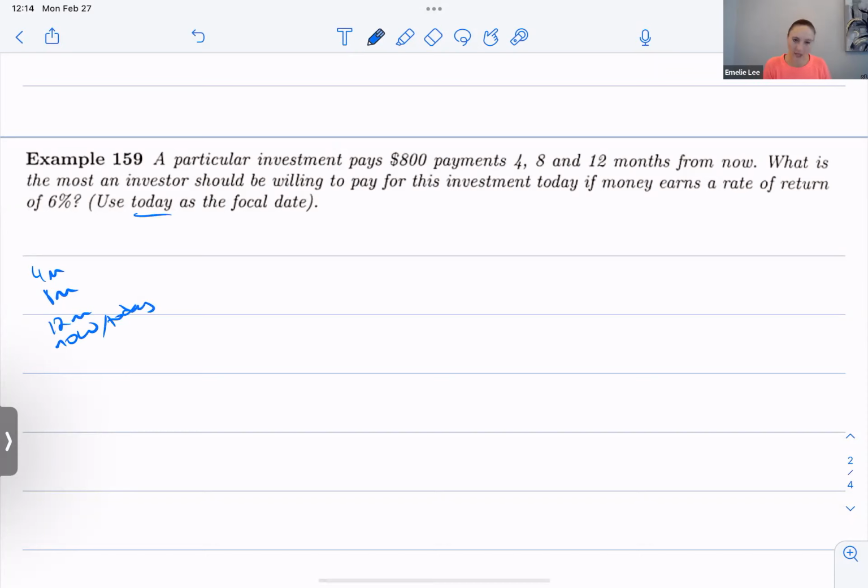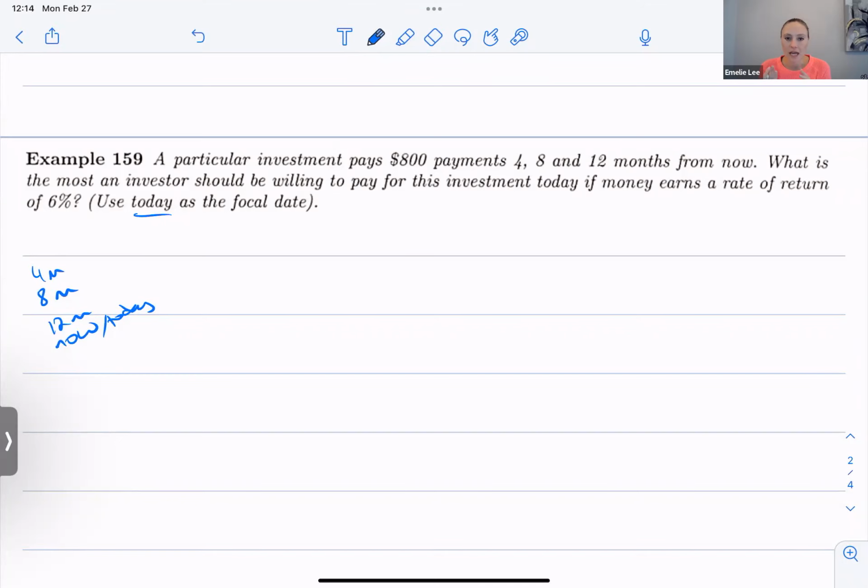Okay. And then it has used today as the focal date. Besides that, I don't see any other dates. So remember, right, when you're reading these questions, the first thing you want, well, you want to read the question, try to figure out what you need to do. And then even if you can't figure out what you need to do exactly, start by making a timeline.